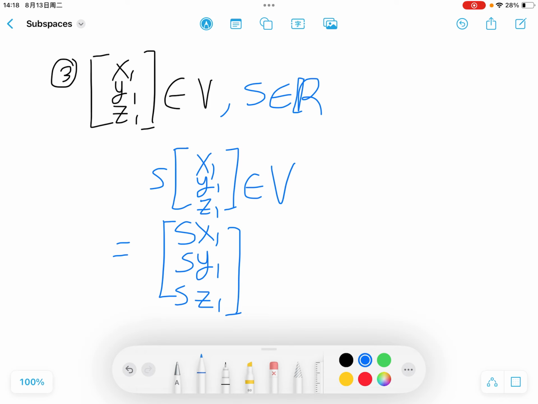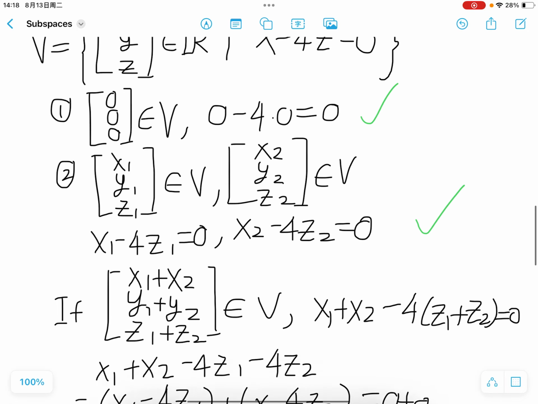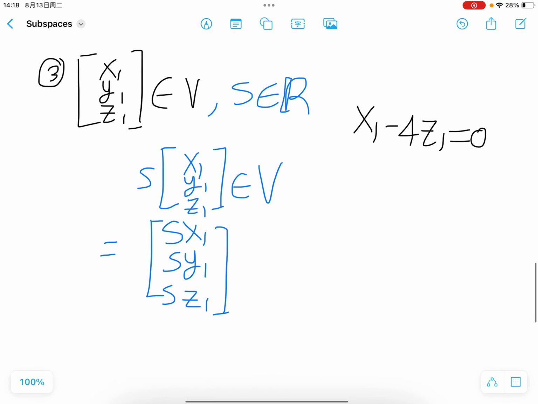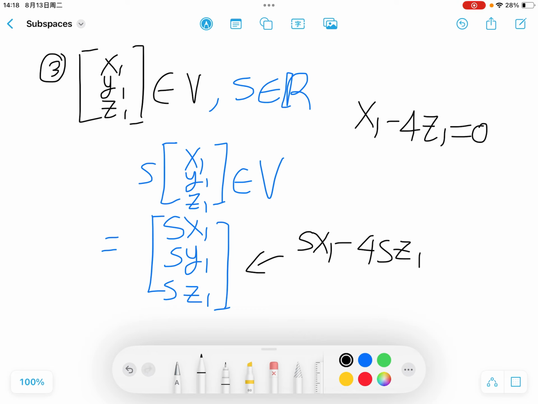So how do we prove this? Given that x1, y1, z1 is in subset V, we know that x1 minus 4z1 is equal to 0, because above here it says x minus 4z is 0. So if sx1, sy1, sz1 were in subset V, then sx1 minus 4sz1 has to be equal to 0.